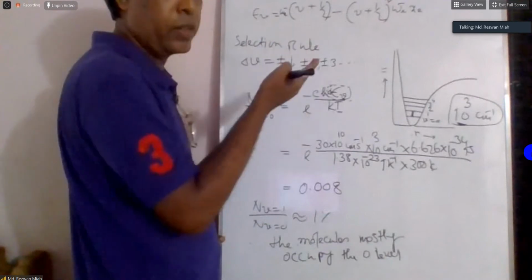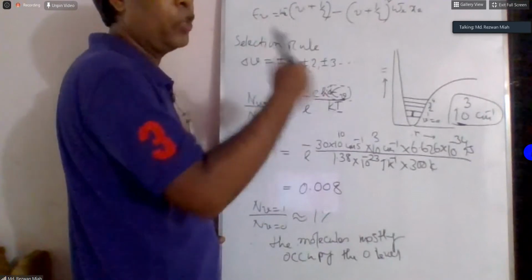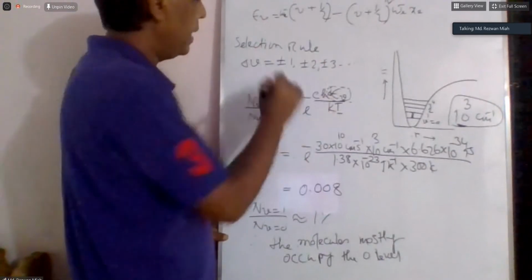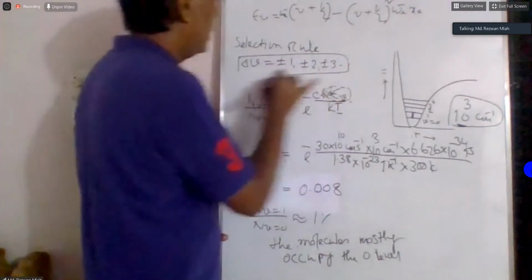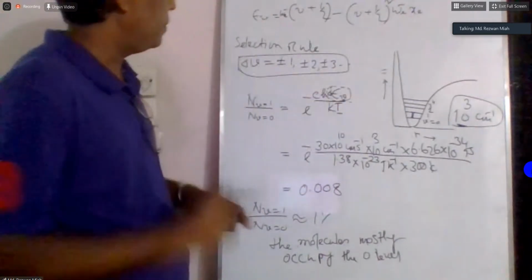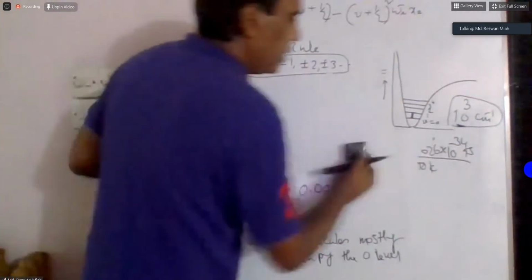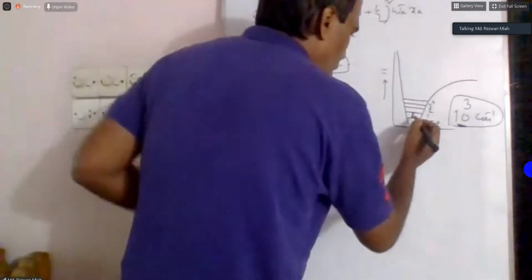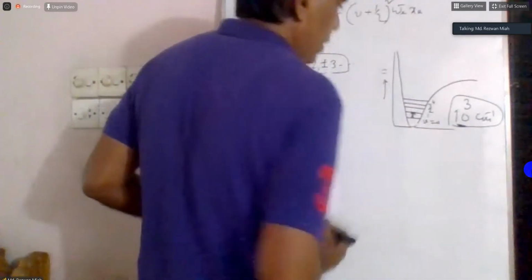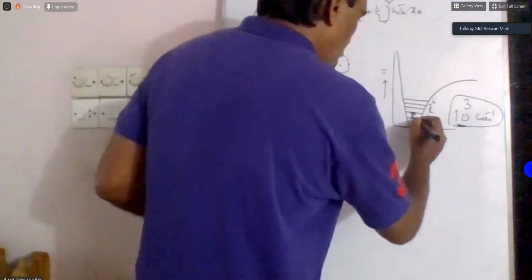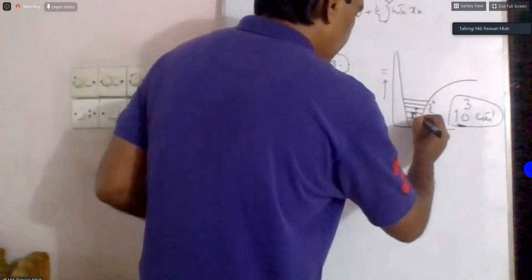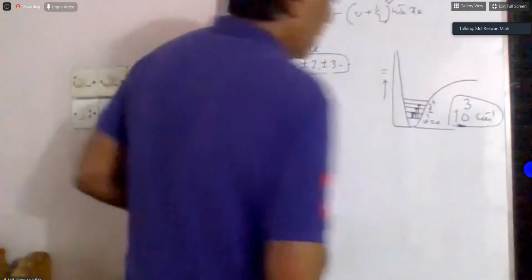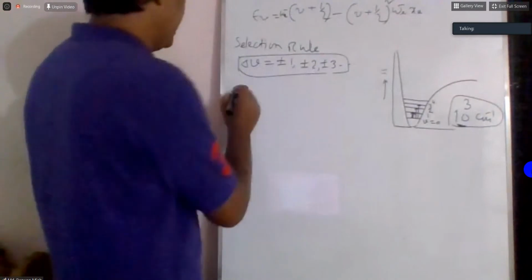Even 0 to 4 and 0 to 5 can take place, but those transitions are much less probable. Graphically, we can say from 0 to 1, 0 to 2, and 0 to 3. So these are the basic transitions.